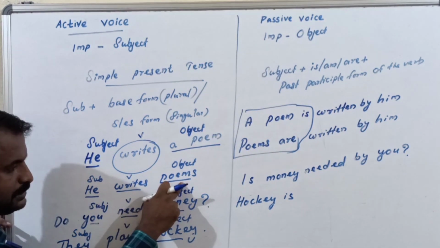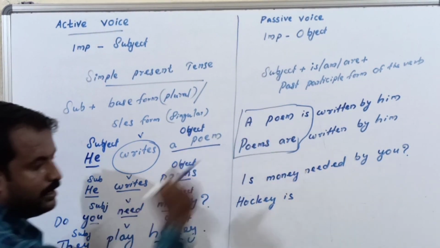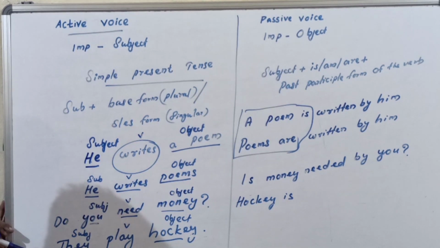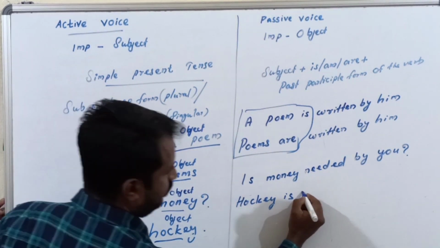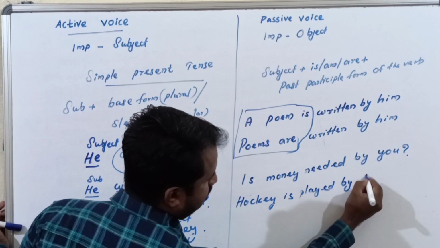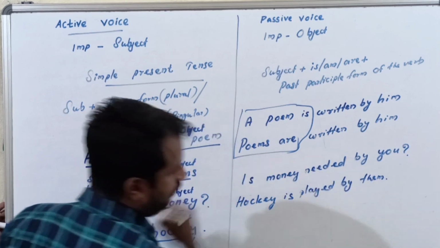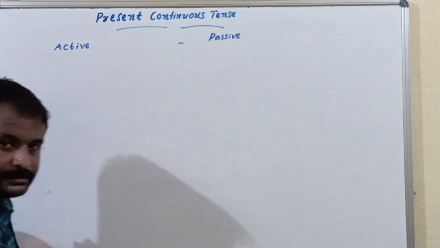And when it comes as "poems," it becomes a plural subject, so "are" comes. Got it? Did you understand? Okay. Hockey is played by them. Clear? Okay, let us go for present continuous next.